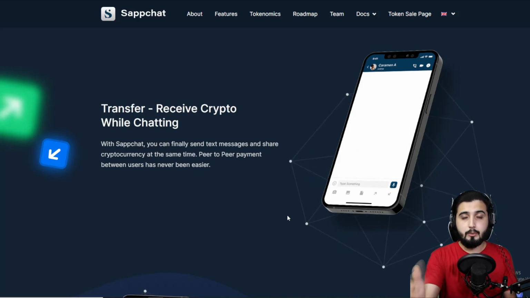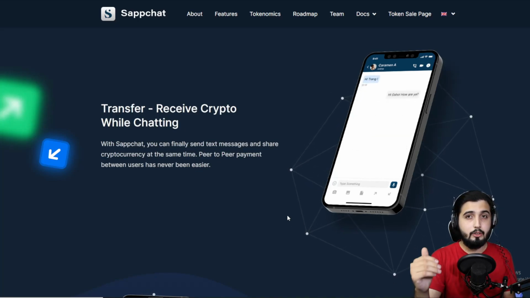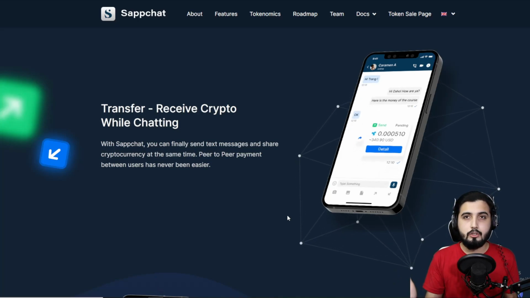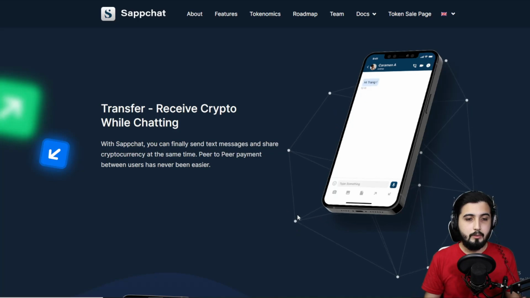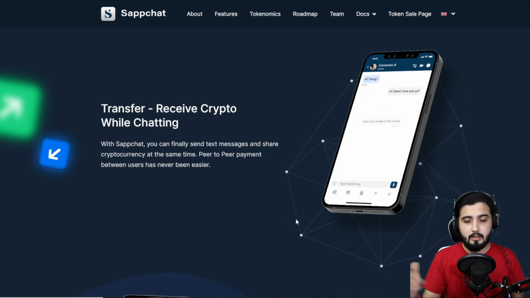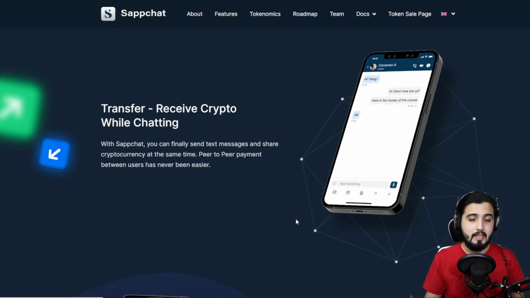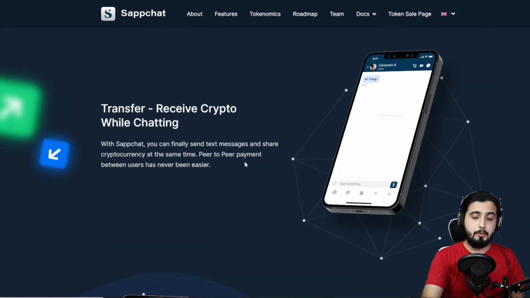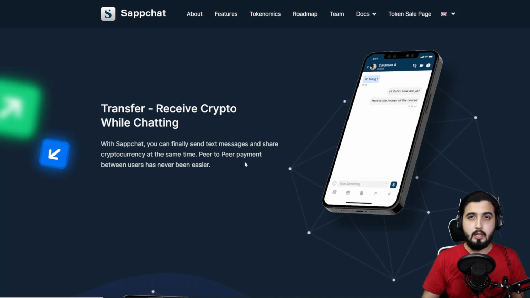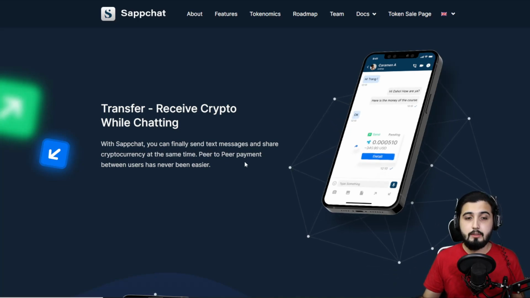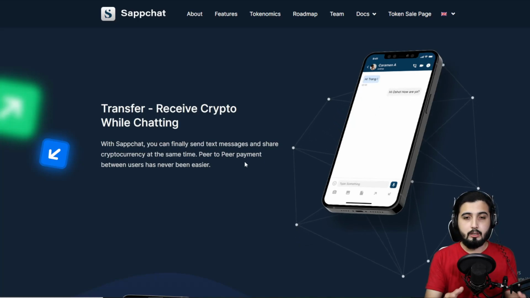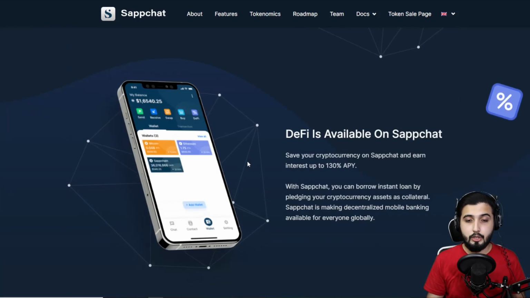If someone else has a token that you want and you have a token that the other person wants, you come up with the trade and you simply trade. It's a really popular concept nowadays because it's faster. So this is one of the biggest things you can do in here. Basically, you can send, receive, transfer, trade, and get into peer-to-peer trades using different cryptocurrencies.